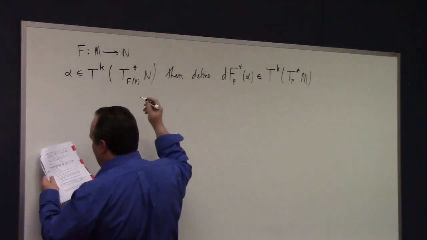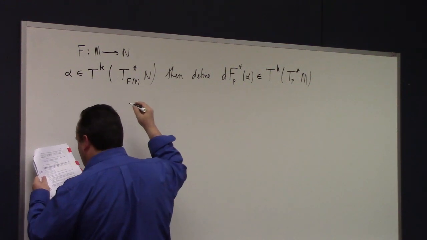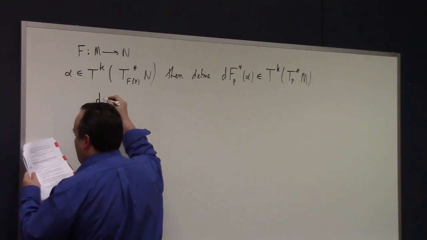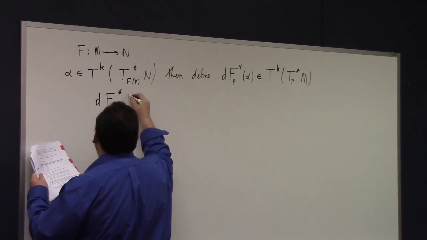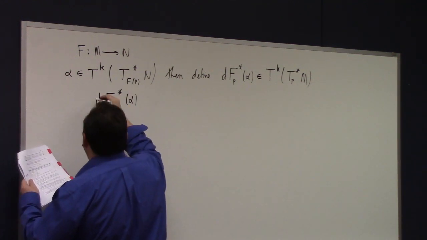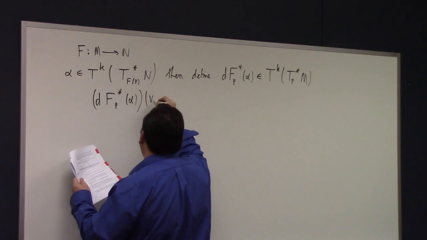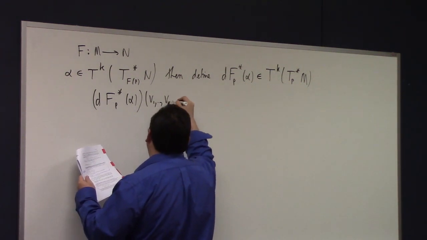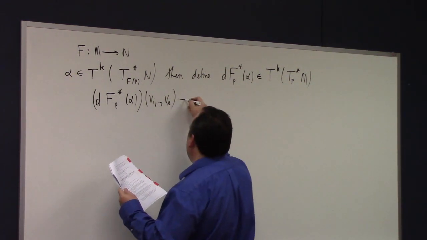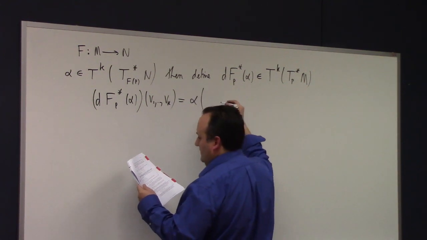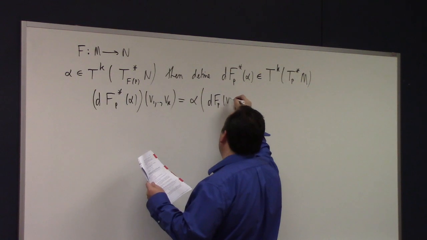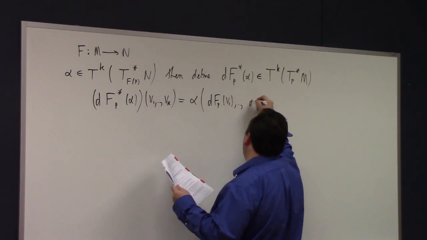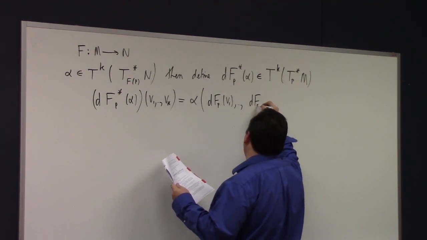So here's the pointwise pullback of alpha by F at p, dF star p alpha. It acts on v1 through vk, and it is defined to be alpha of dF_p v1 through dF_p vk.